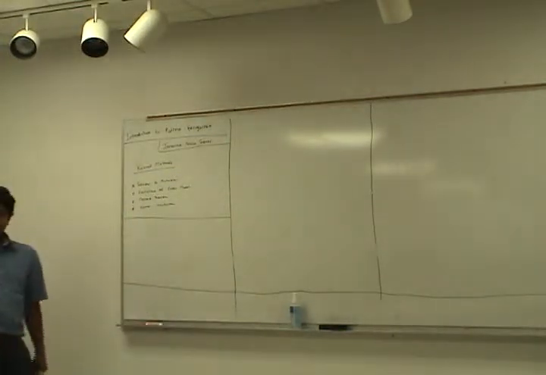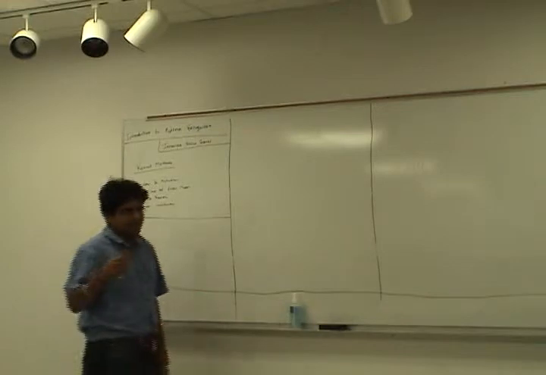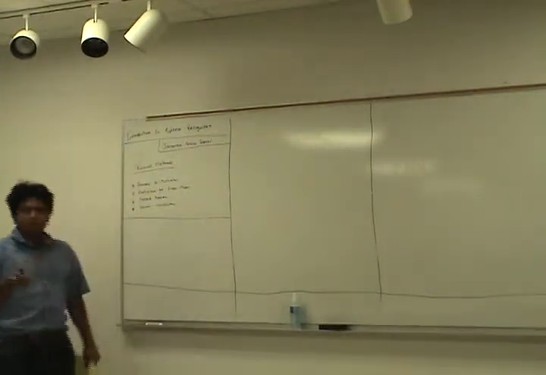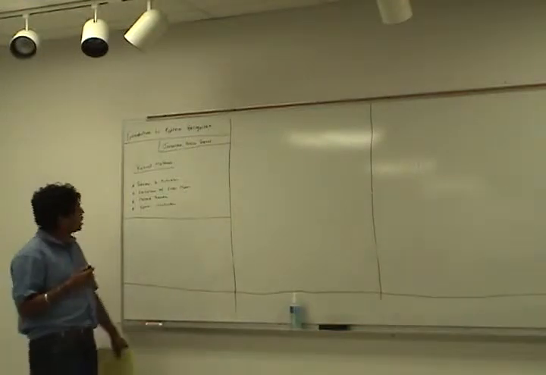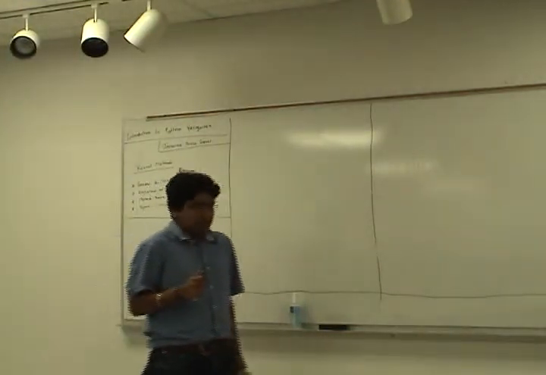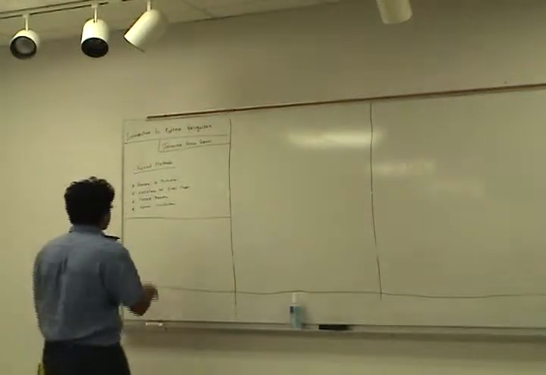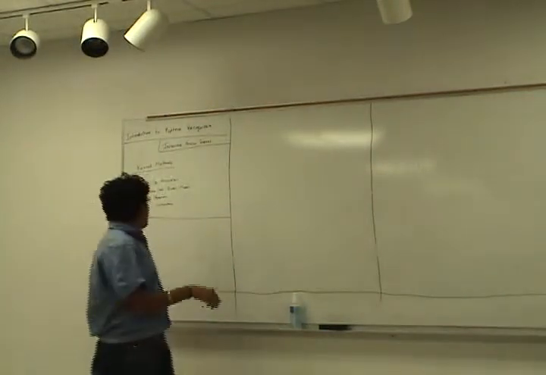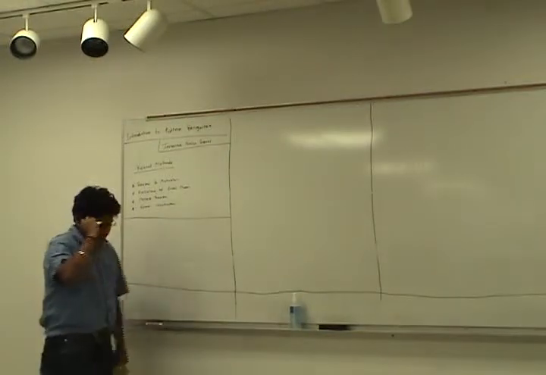Then we'll see the limitations of linear models and motivate kernel methods even more. Then we'll see how kernels are identified to be valid kernels, using Mercer's theorem. We'll see what it means to be a valid kernel, and then we'll do the kernel construction.